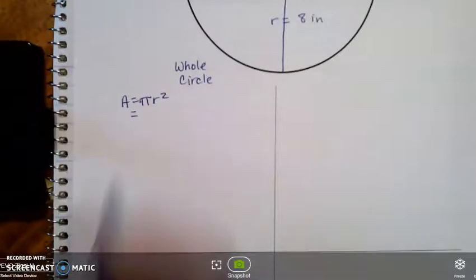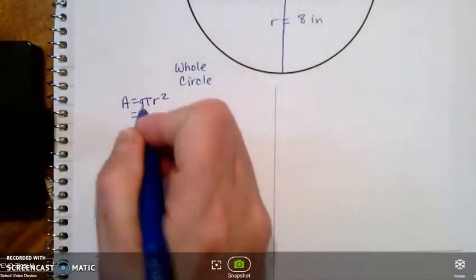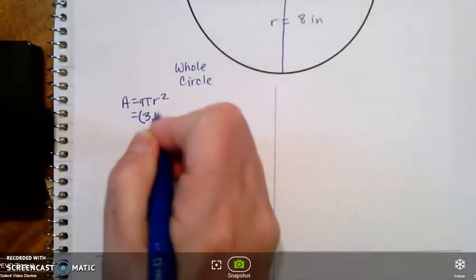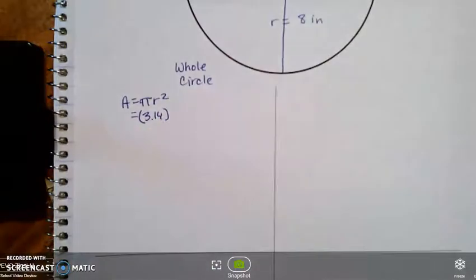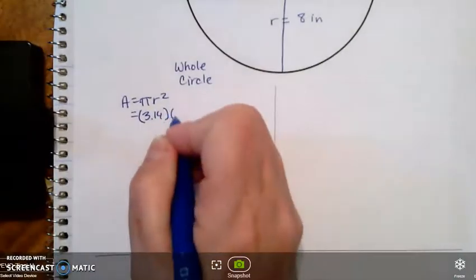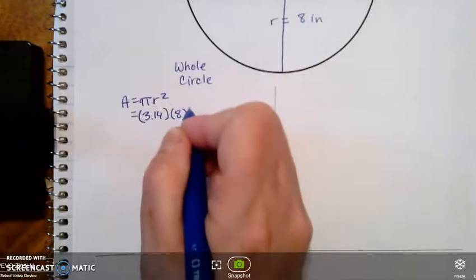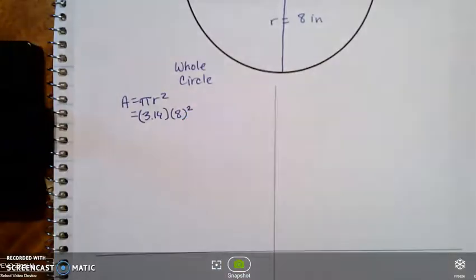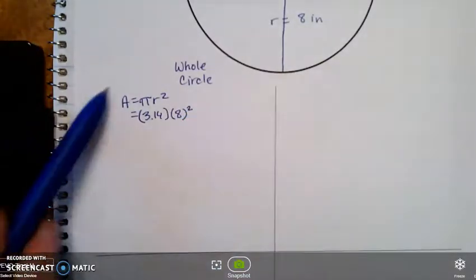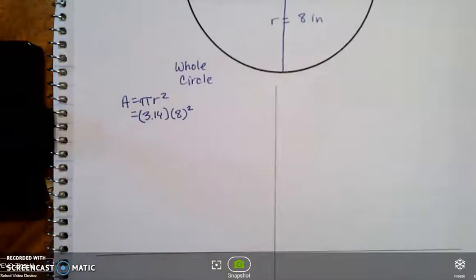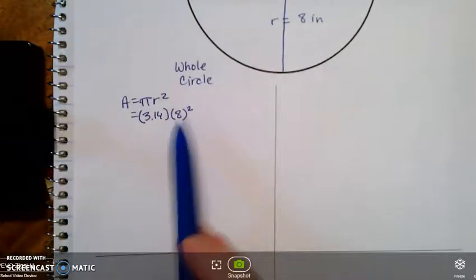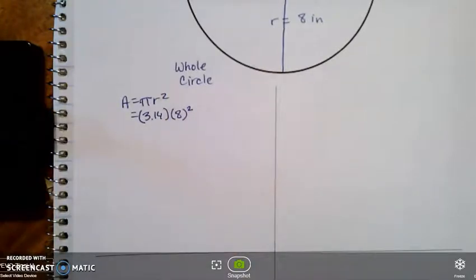I'm going to substitute in. Instead of this symbol, 3.14, and the radius is 8, and I do that to the power of 2. Remember, formula, substitute, and then we go to the solve. So 8 squared, what does that mean? What does 8 squared equal?